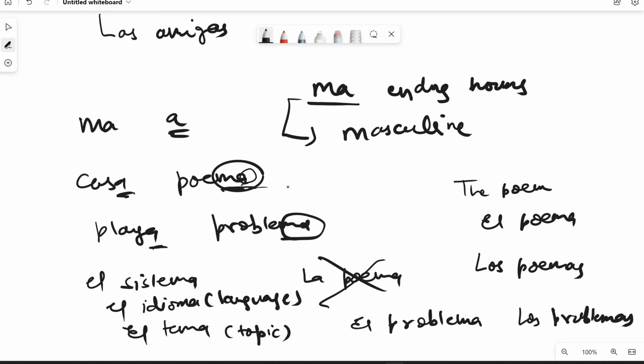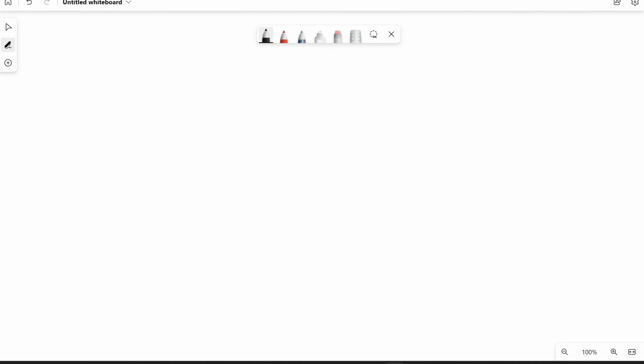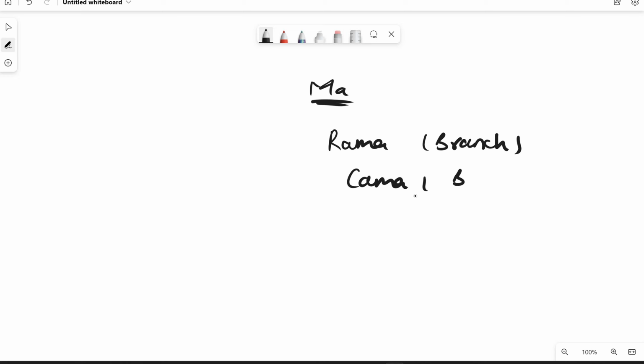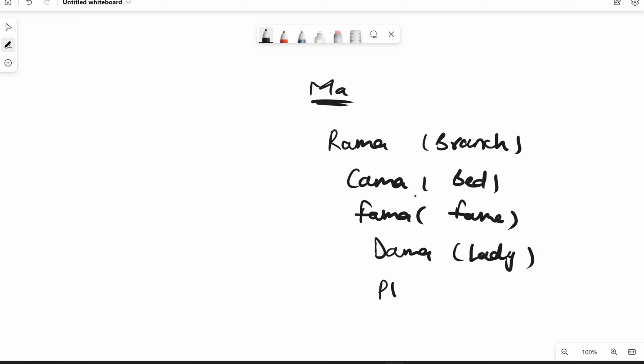So remember, MA ending nouns are masculine, but we have some exceptions here as well. So MA ending exceptions are rama, which is a branch, cama, which is a bed, fama, which means fame, dama, which means a lady, so obviously feminine, and pluma, which means a pen or a feather.